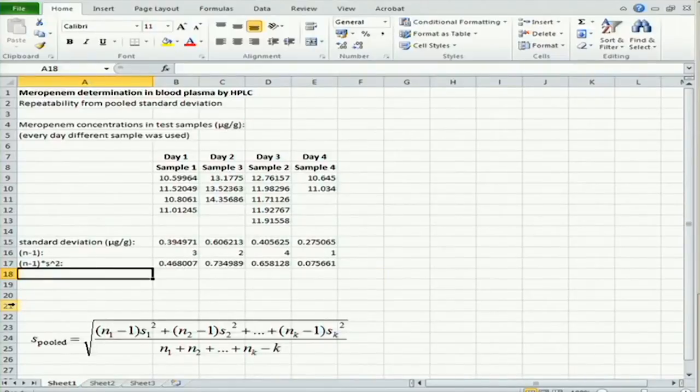So, now we have all the data needed for calculating the pooled standard deviation.